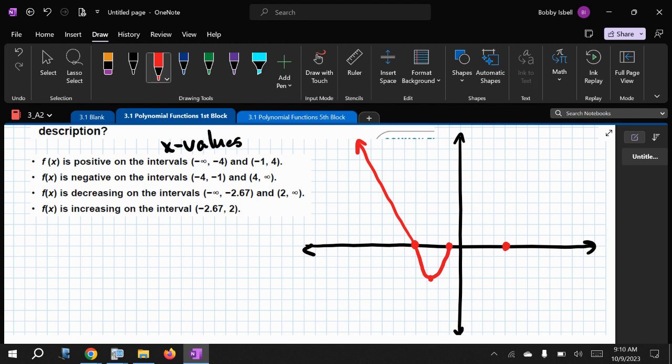But here it says it has a decreasing interval from 2 to infinity. Where's 2 at? It's right here. So there must be a maximum in here somewhere. I made that y value up because I don't know what it is. I just put it at the x value of 2. It's got a maximum right there.